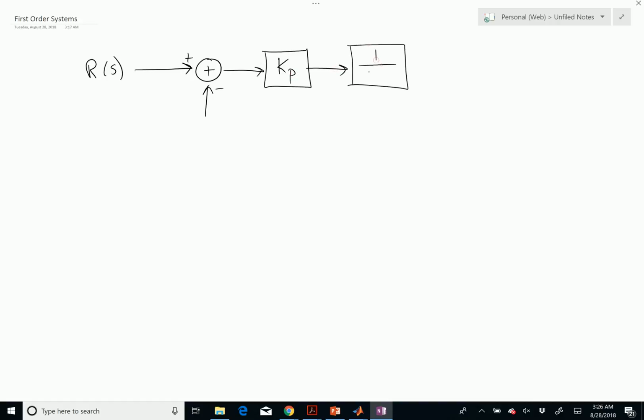Okay, so what we had was a model R of S, minus plus, Kp, one over S tau plus 1, and then I had unity feedback.